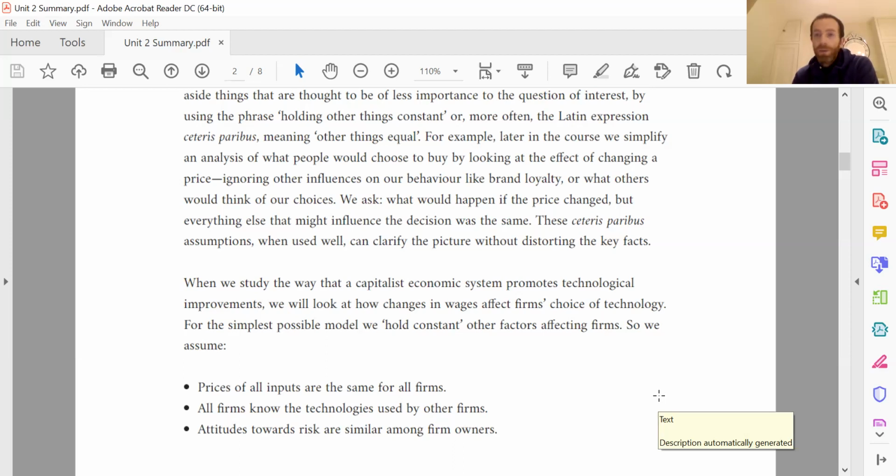The price of coal stays exactly the same. The technologies available stay the same. We then analyze what will happen to the decision of the firm if just that one thing changes, and we assume nothing else changes. That's a really, really useful concept in economics. It helps us think about how a particular factor might have an impact on the outcome of our model.